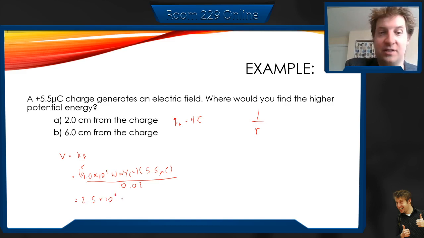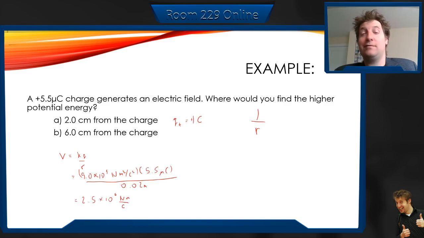Or wait a second, I shouldn't say volts. Careful. Newton, this was meters, so we'll cancel. Newton meters per coulomb. Is that a volt?